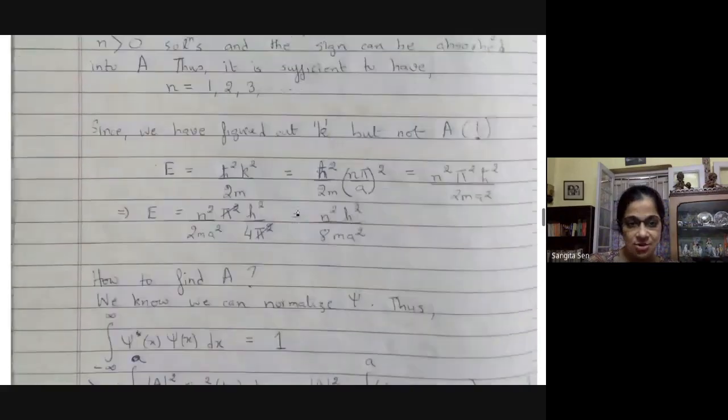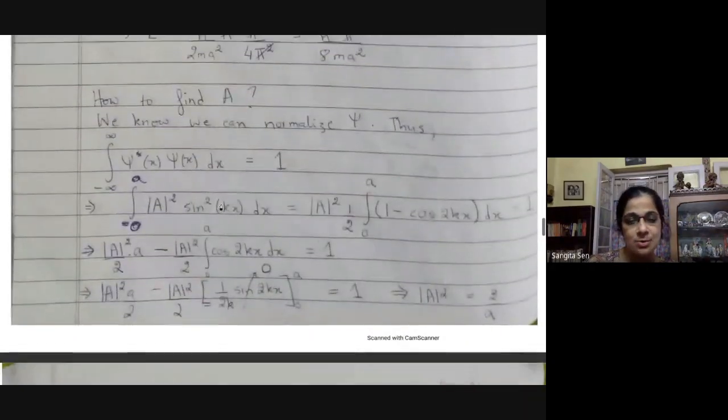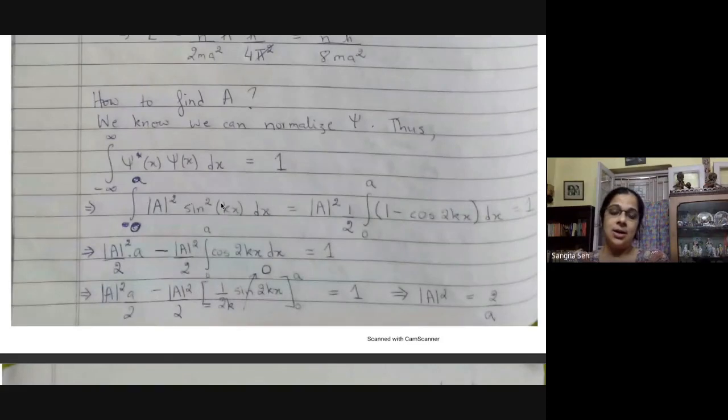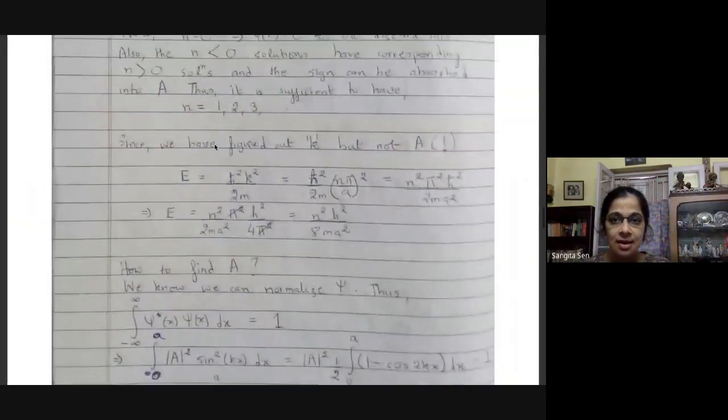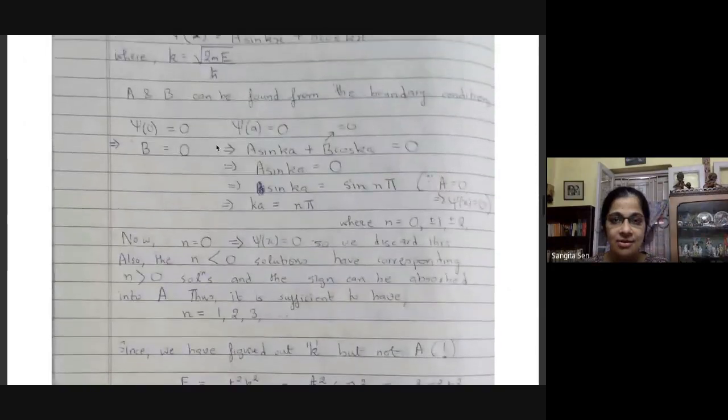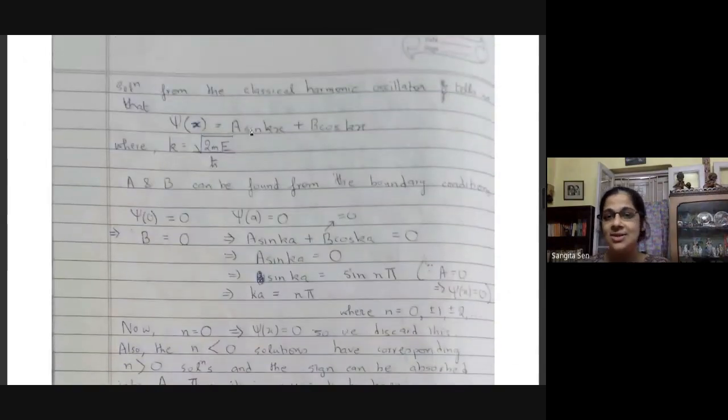But A still remains to be found, and we have one more tool in our hand, the normalization constant. If we want to find only the normalizable wave functions, I set my integral to 1 and I find out the value of A from this. So what have we done? Our psi looks like this, and this B is gone.